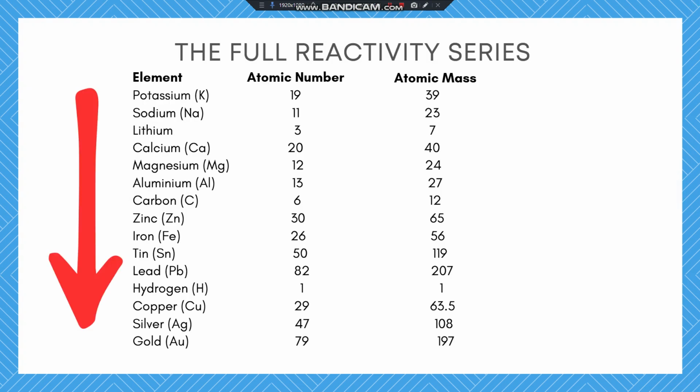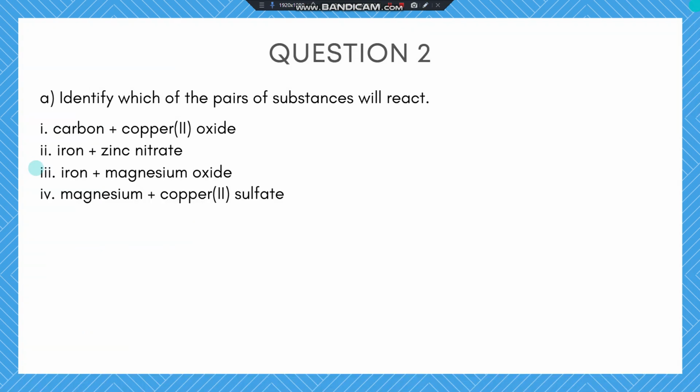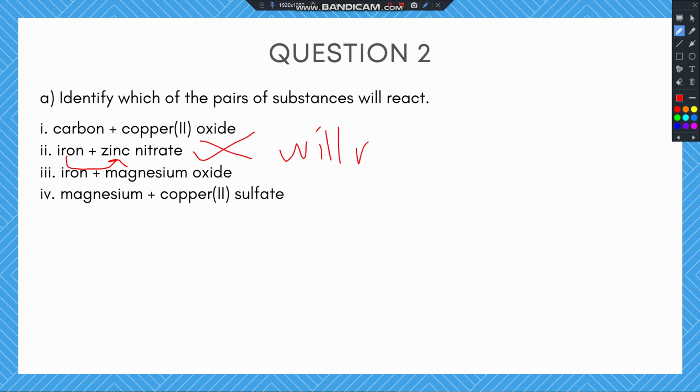Checking our reactivity series, you can see that iron is right below zinc. Iron is here and zinc is over here. So that means zinc is stronger than iron. If iron comes over here to meet zinc, it will not be able to displace zinc from its compound. Therefore, this reaction will not take place.